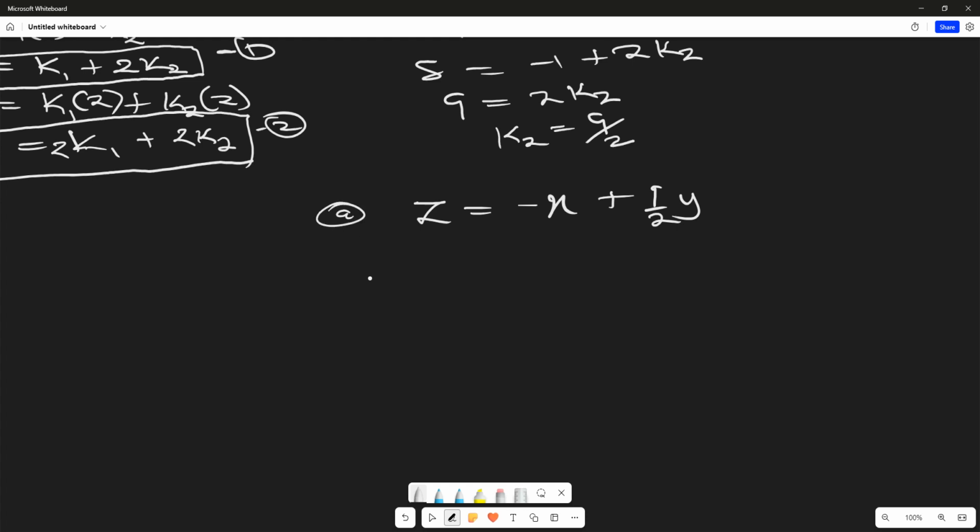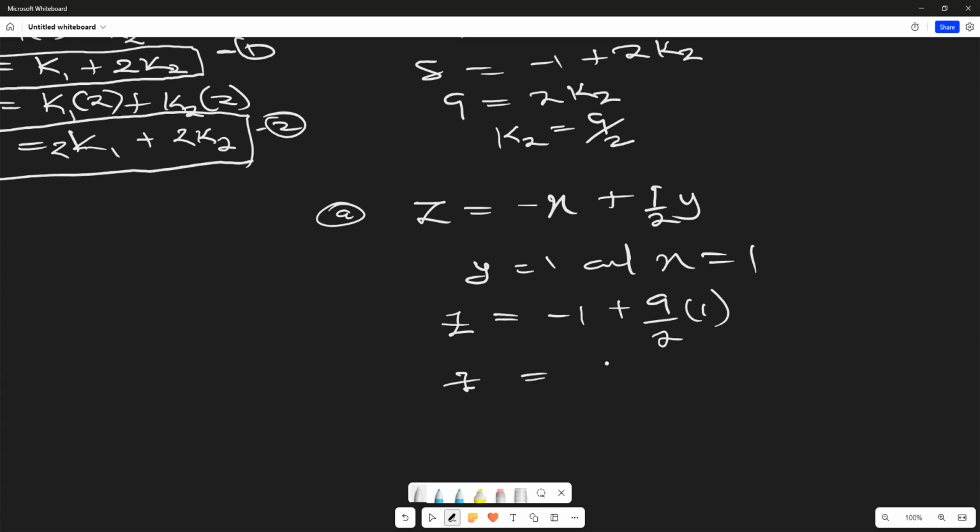That solves the first sub question. The second sub question, we are supposed to find z when y is equal to 1 and x is also equal to 1. So our z will be equal to negative 1 plus 9 over 2 multiplying 1.